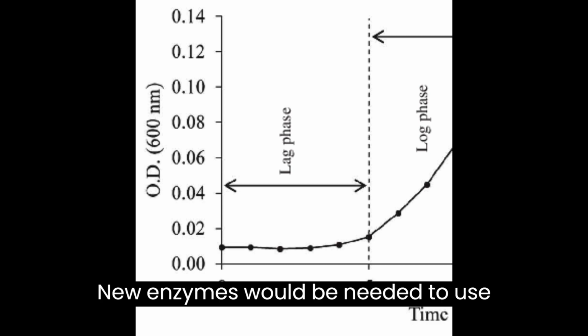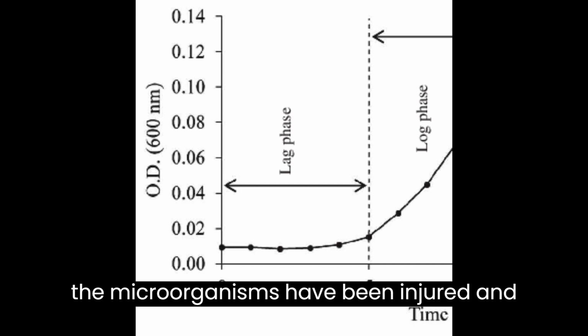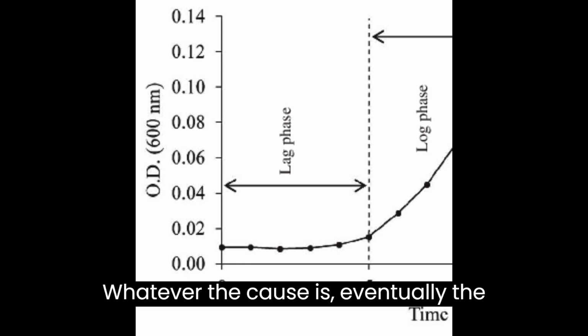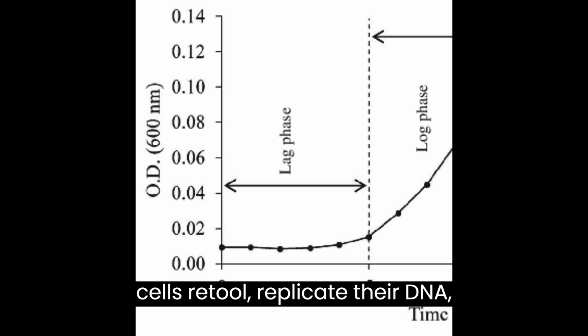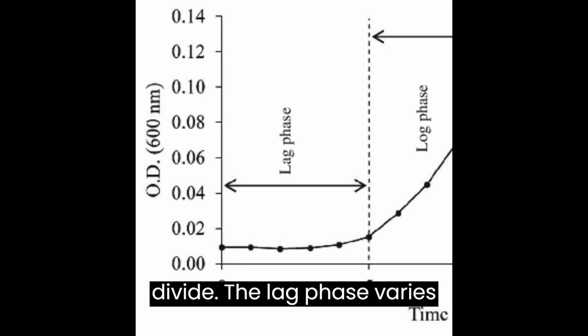New enzymes would be needed to use different nutrients. Possibly the microorganisms have been injured and require time to recover. Whatever the causes, eventually the cells retool, replicate their DNA, begin to increase in mass, and finally divide.